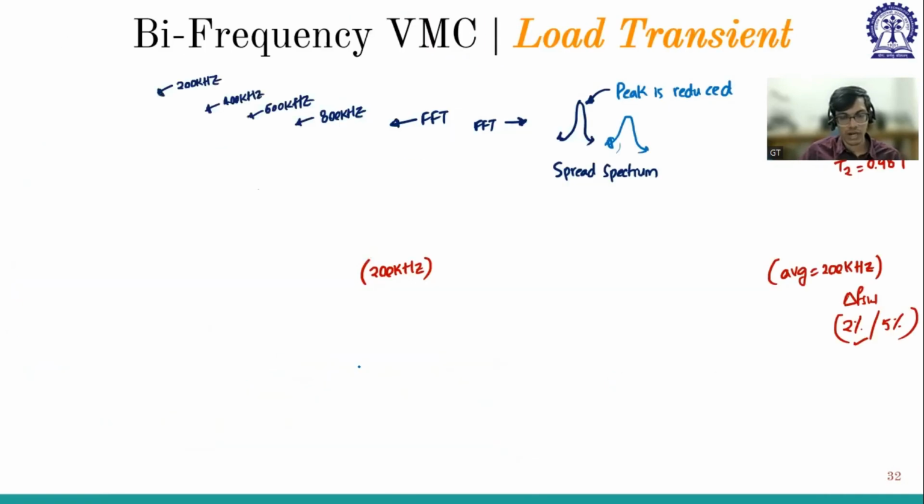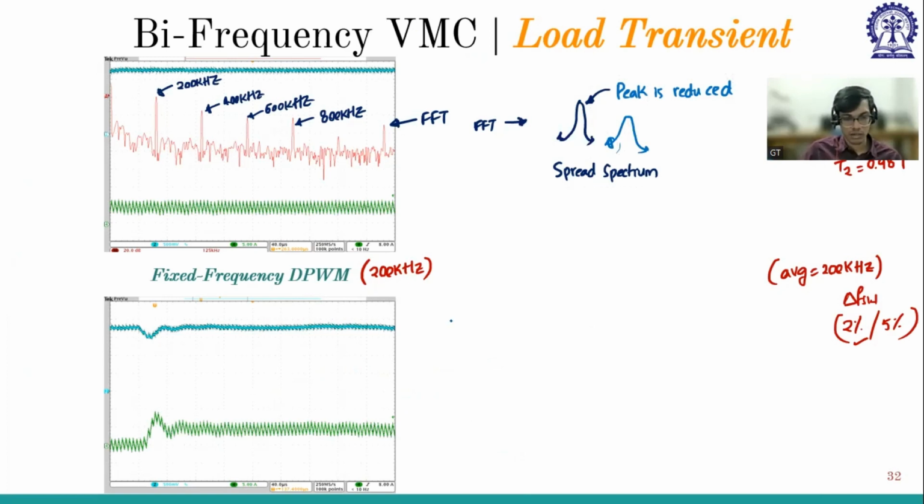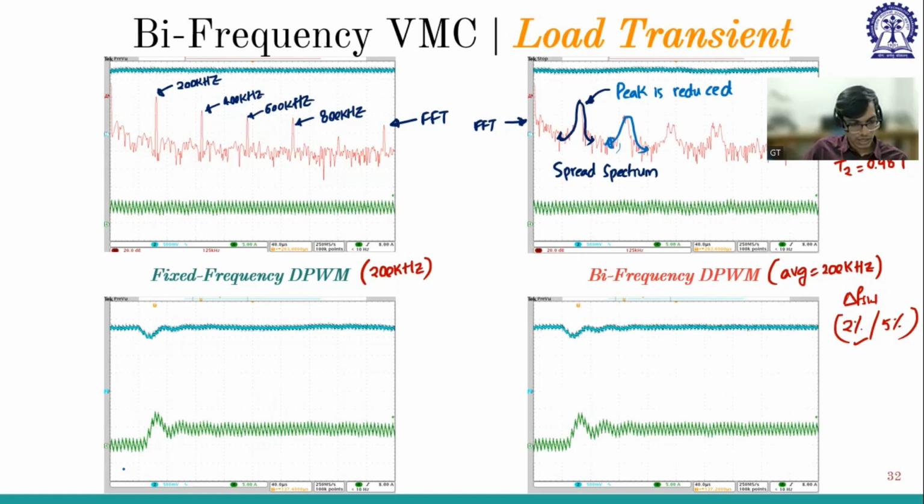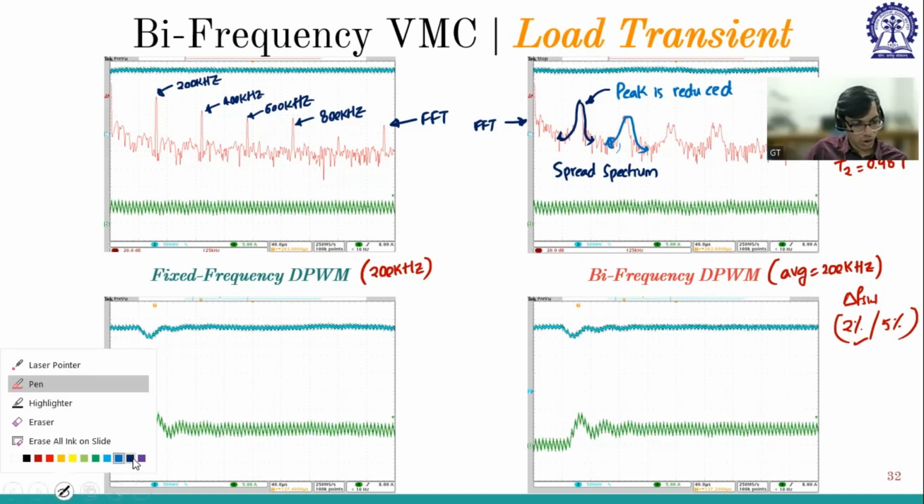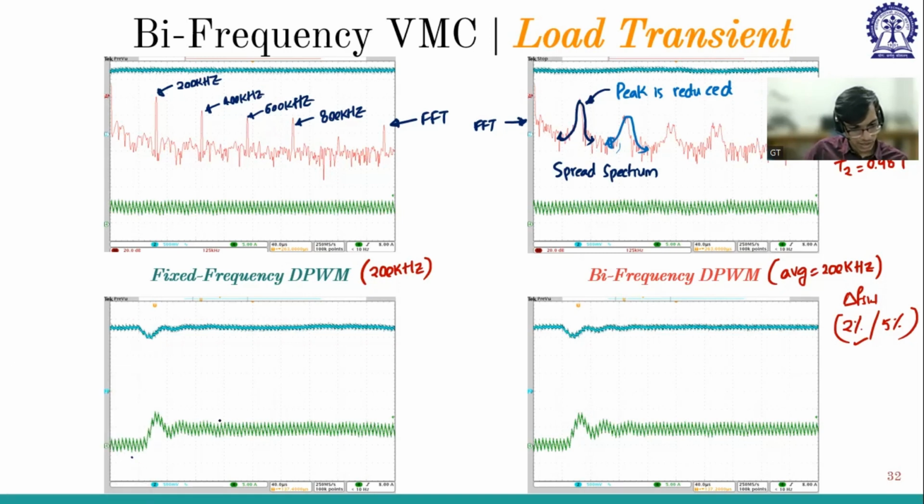So that's why we are using two different frequencies and spreading the spectrum, and it will cause a slight change in the transient response. If you see there, it is one, two oscillations and the third oscillation is not that much. But here there is some increment in the oscillation.